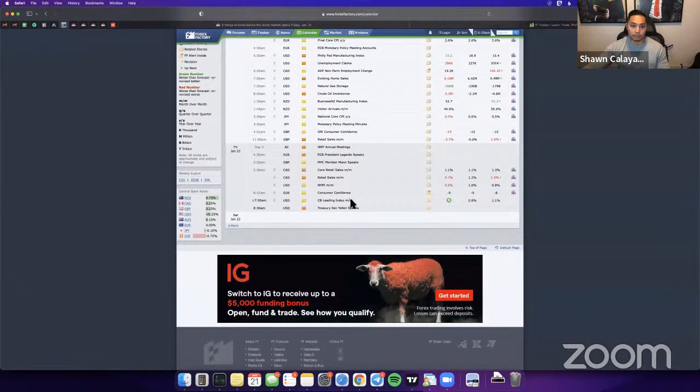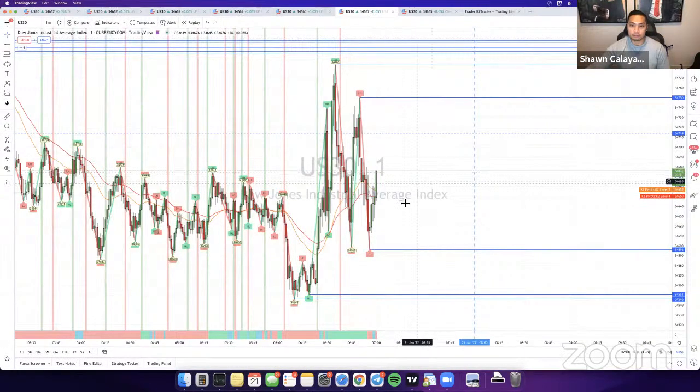It's going to happen in about 1 minute. That's a low impact folder. But yeah, Yellen is going to be speaking at 8:30. So we have Treasury Secretary Yellen speaking at 8:30, and then we have Biden speaking at 8. So once it hits 8, definitely going to be sitting at the market.